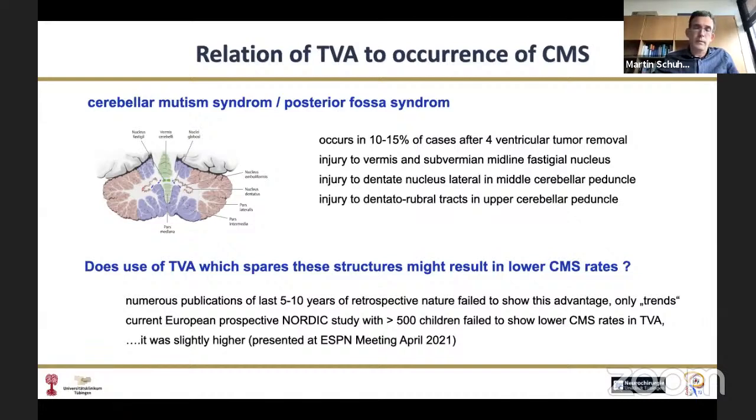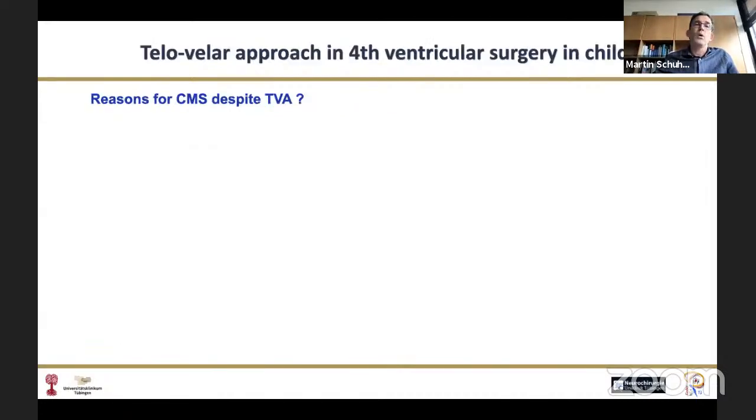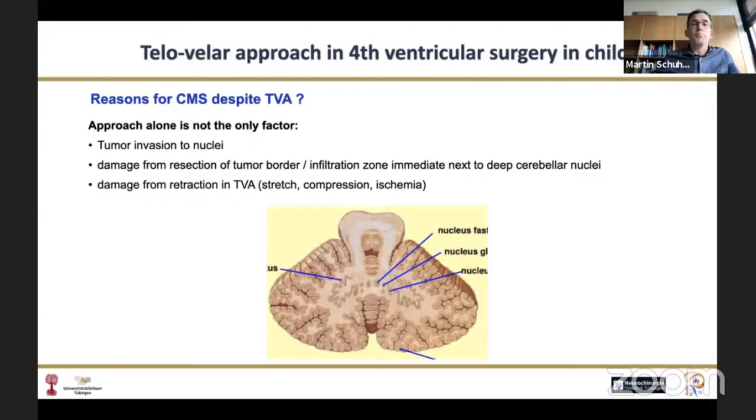And my hypothesis for why that doesn't work is that the approach alone is not the only factor. In children with invasive medulloblastomas, more than ependymomas, we have a higher CMS rate. It's also the tumor invasion into the nuclei. You have to resect if you want to take out the tumor in the border zone, the infiltration zone, next to, for example, the dentate nucleus or the cerebellar nuclei.